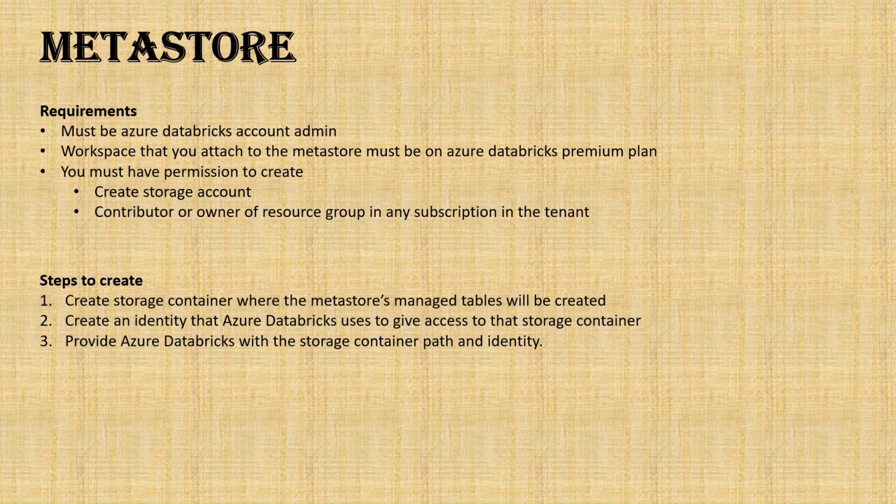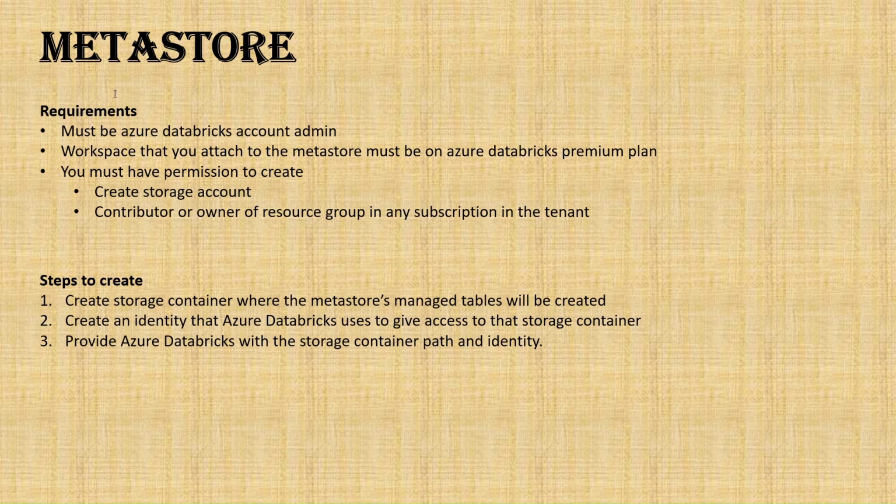Now, to create a metastore, we have to complete multiple steps. The first one is that you need to have the storage container. The storage container also must be in a premium performance Azure Data Lake Storage Gen2 account, and keep it in the same region as the workspace.